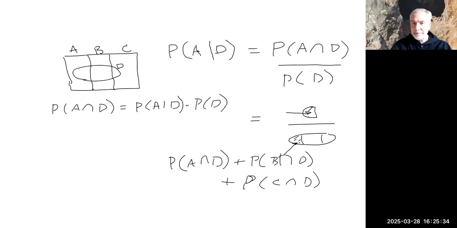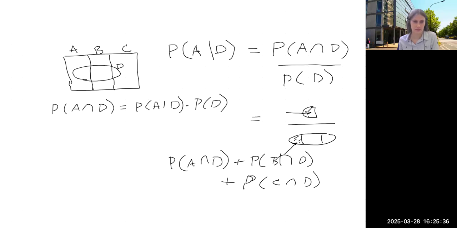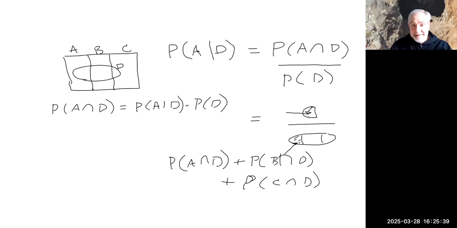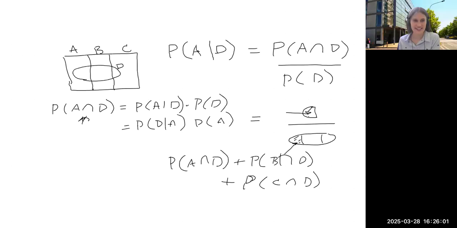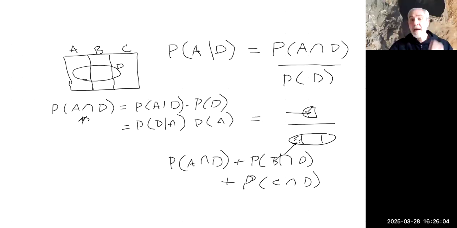I think I did. But this same intersection can be gotten to by first ending up in A and then multiplying that by the probability of being in D, given that I'm in A. Does that make sense? So if I've got information like this, I can figure out what every one of these things happens to be.